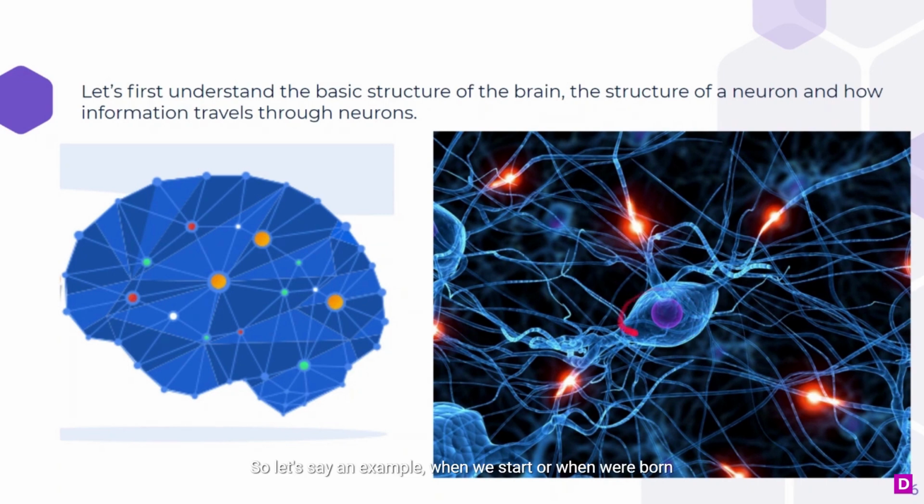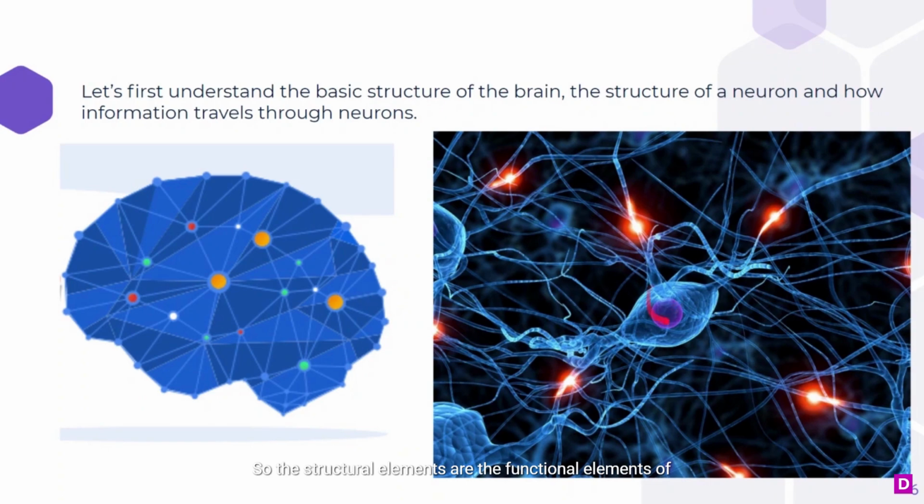Let's say an example: when we are born as babies, and as time passes, a child learns to know things, know its environment, and start to identify the things around it. How are all these things possible? All these things are possible only because of the presence of neurons within the brain.